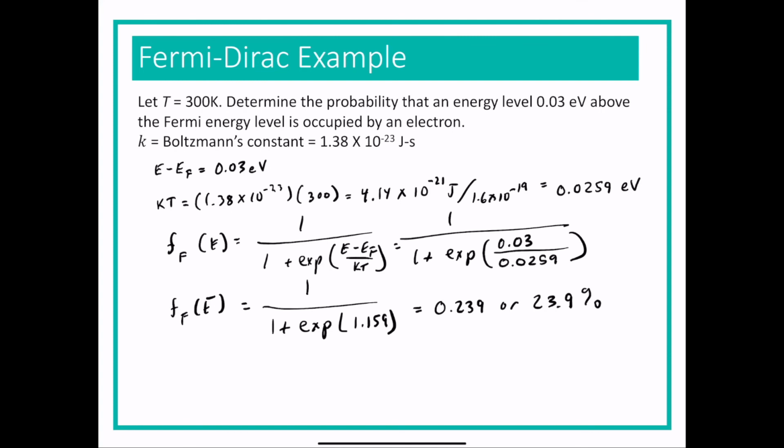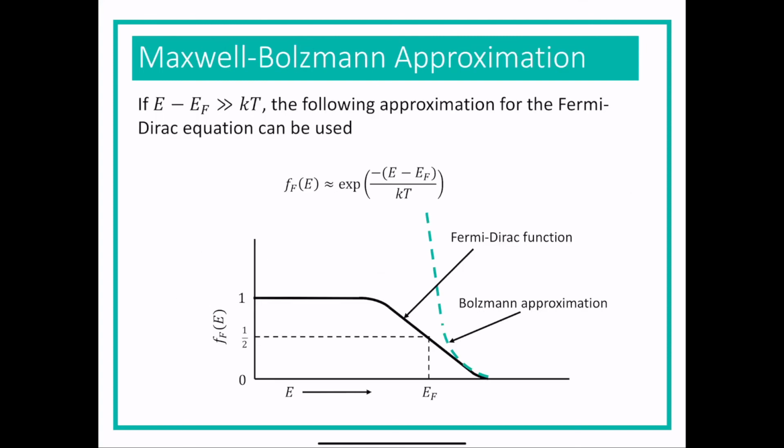But you don't always have to use this whole big Fermi-Dirac thing, because in this 1 over 1 plus expression, if the energy difference is much bigger than kT, so it wasn't in the situation we just did, but if it is much larger, then we can take out the 1 over 1 plus and just do minus (E minus EF) over kT and take the exponential of that.